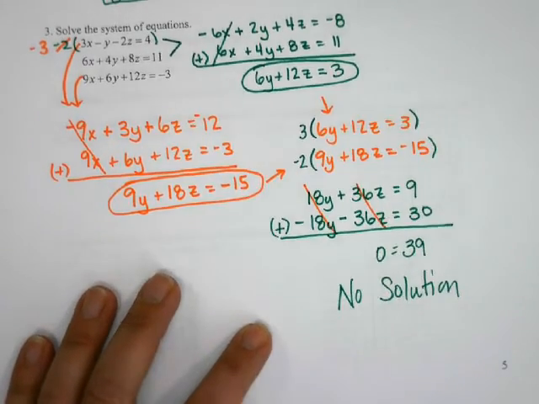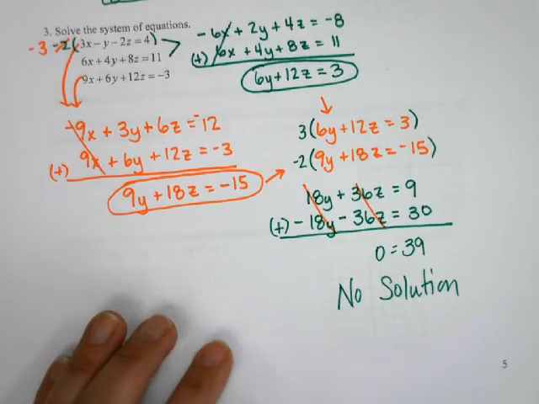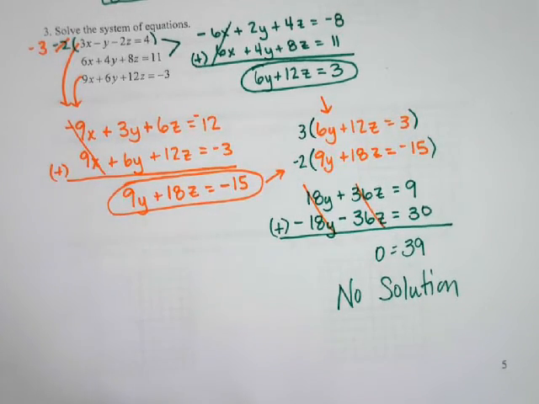That kind of sucks, right? It looks like everything's going great, but as soon as you get a 0 equals 39, or whatever, it means something's not going to work. Two of them may meet, but the third one won't. Okay? Looking back, I can now see that if you multiply the middle equation by 1.5, it equals the exact thing as the bottom equation.